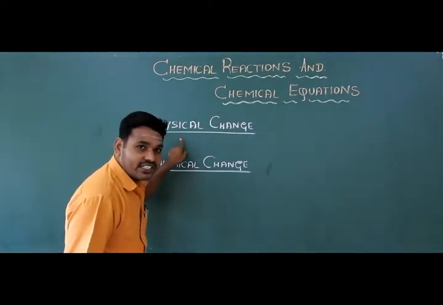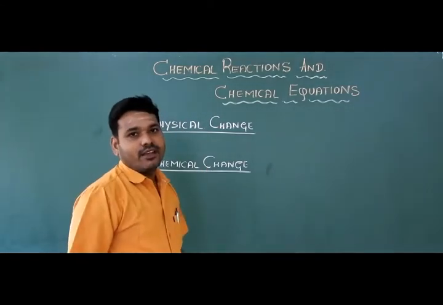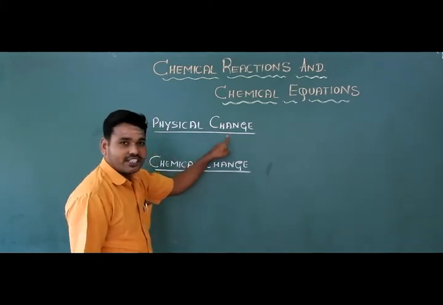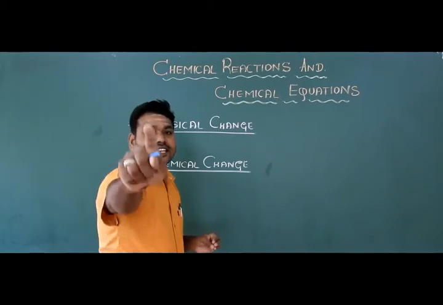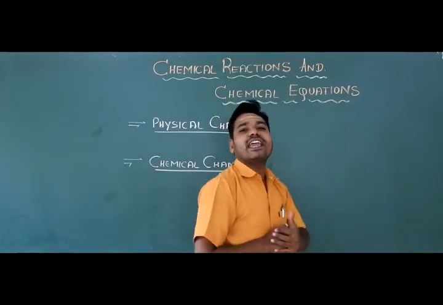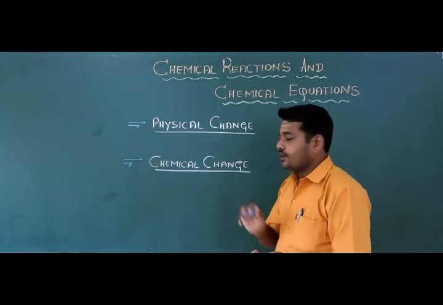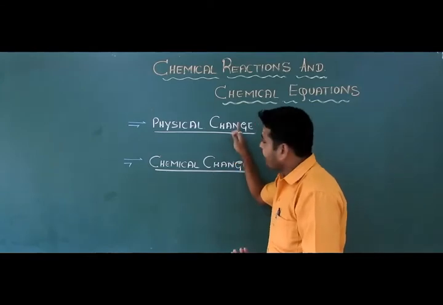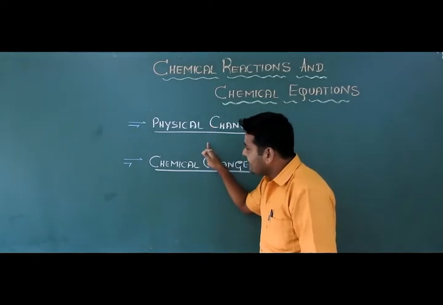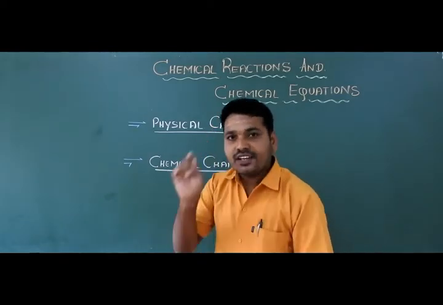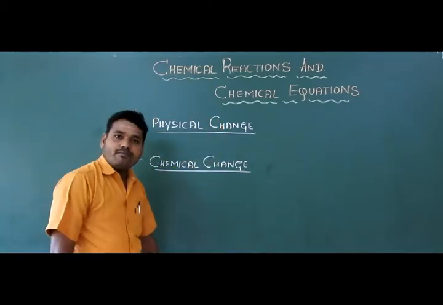The physical change is a temporary change of a chemical substance, and in a physical change, a specific property of a chemical substance alters, keeping the chemical composition the same.